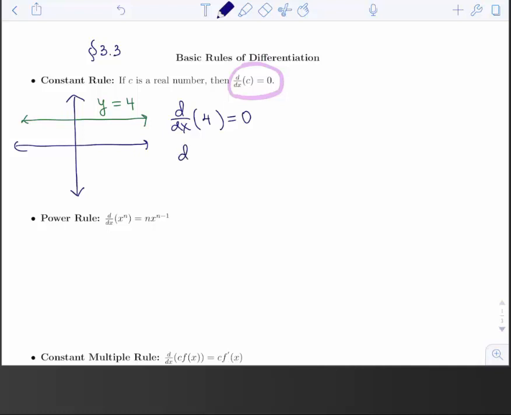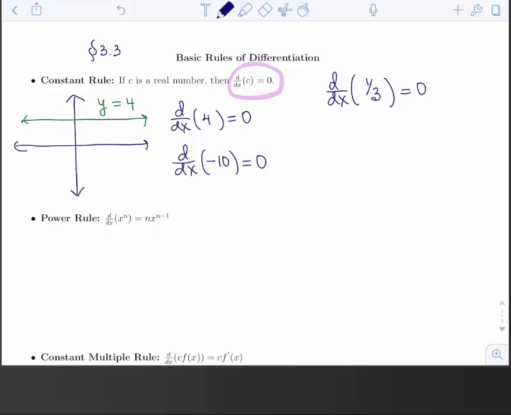Okay? It doesn't even have to be a positive number. It could be a negative number. So d dx, let's say of negative 10, that's still 0. What other things can happen? Let's say we have d dx of a fraction, and that's still 0.